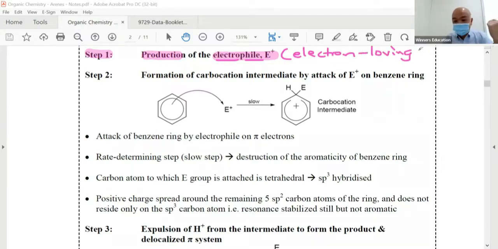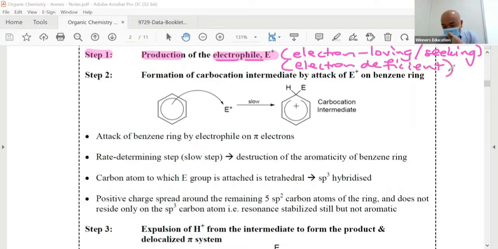Phile means love, right? So they seek electrons, they love electrons, which means they are electron deficient species. E+, desperate for electron. Obviously, they're cations. Everyone okay? E+ is a cation. Cation is desperate for electron.